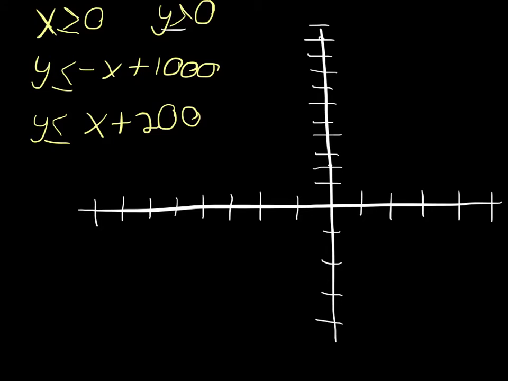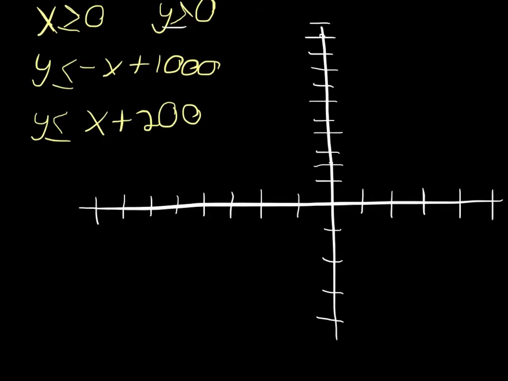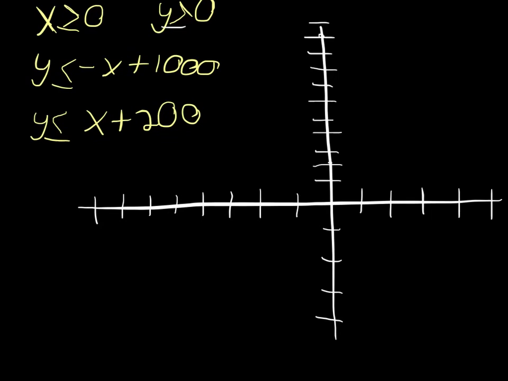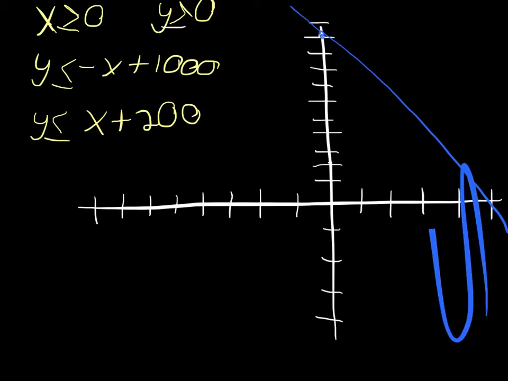The Y is less than or equal to negative X plus 1,000 has a y-intercept of 1,000, and it goes down at a rate of negative X. And since it's less than, I have to shade down, so all this.